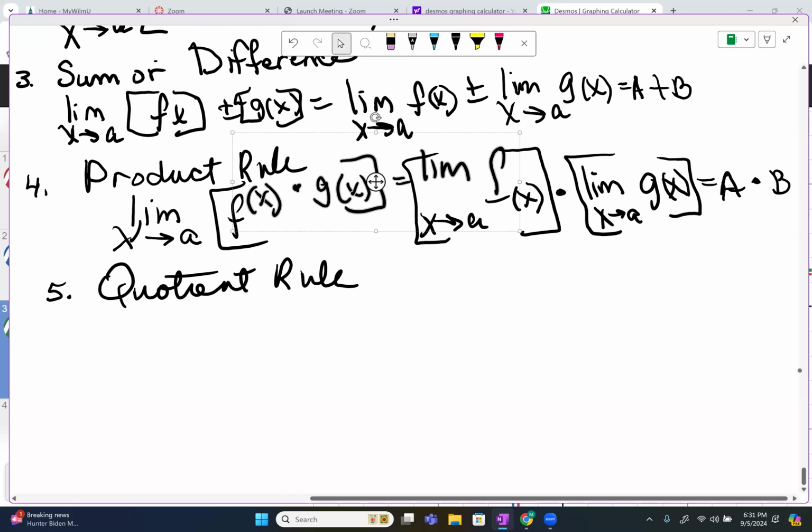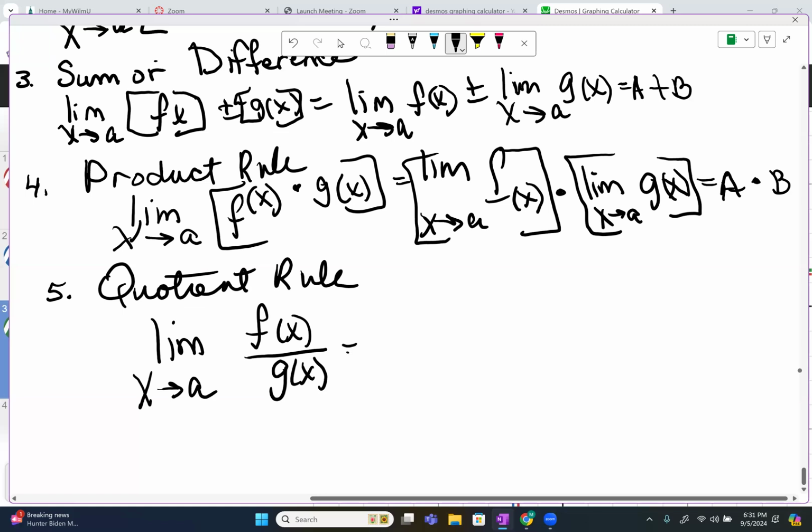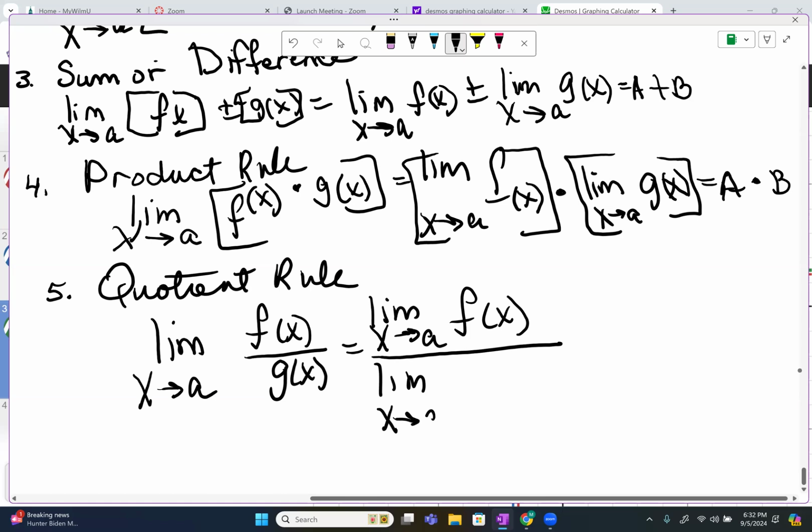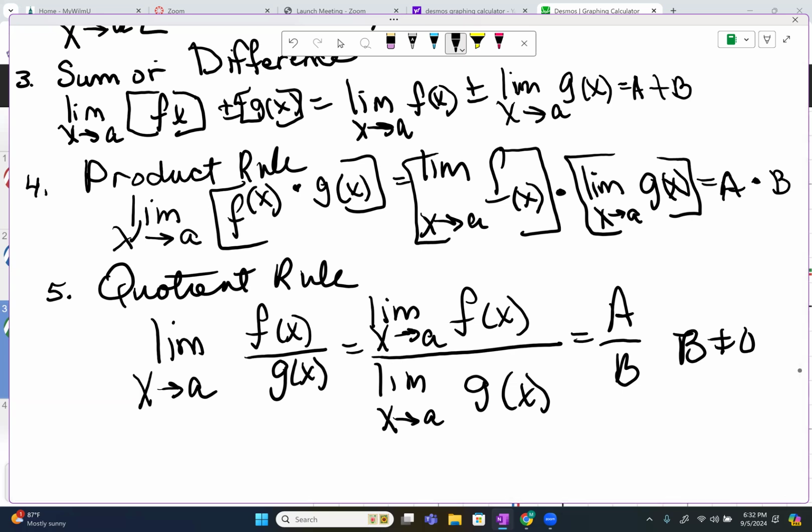In this case, you have the limit as x approaches a of f of x divided by g of x, and that is equivalent to the limit as x approaches a for f of x divided by the limit as x approaches a for g of x, and that is equivalent to A over B, so A divided by B, so long as B is never equal to 0. Okay.